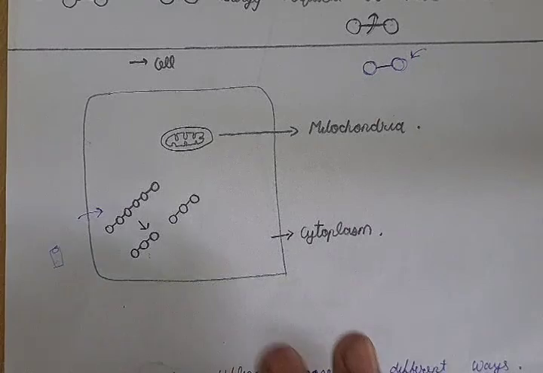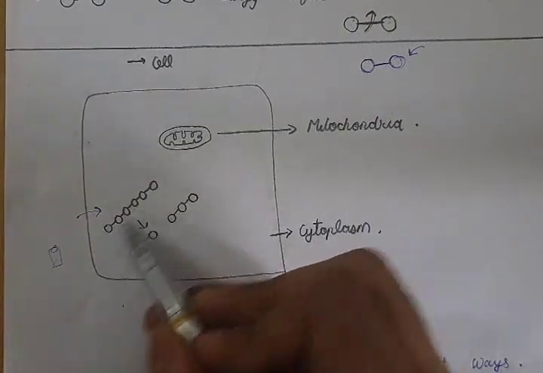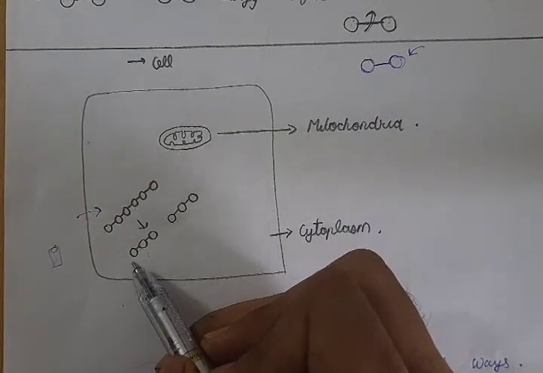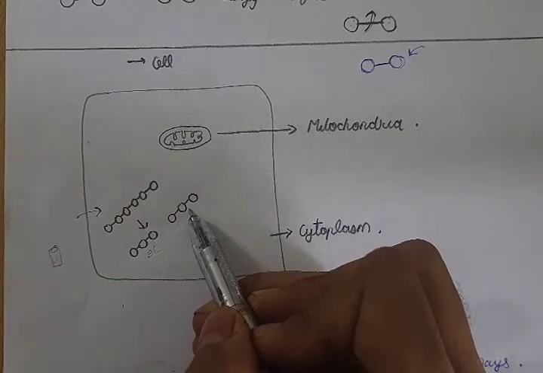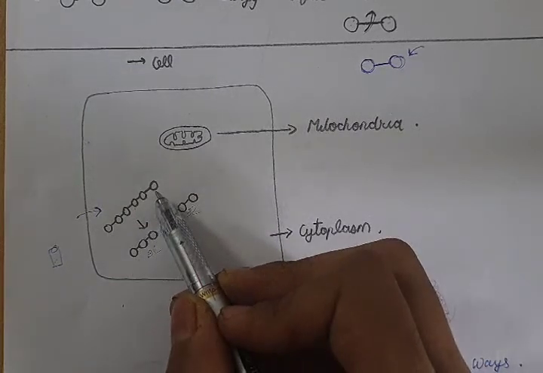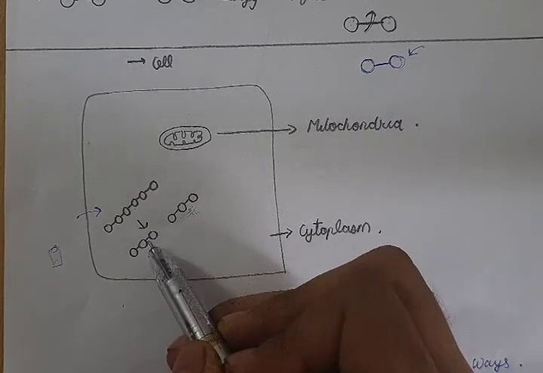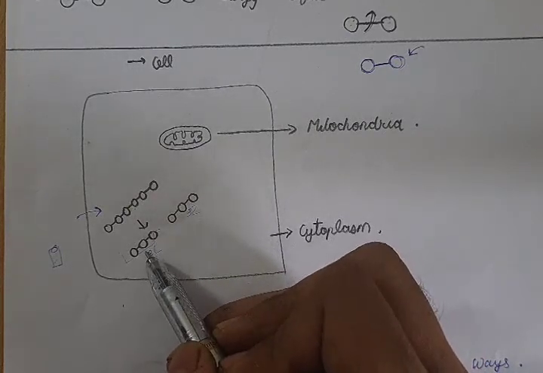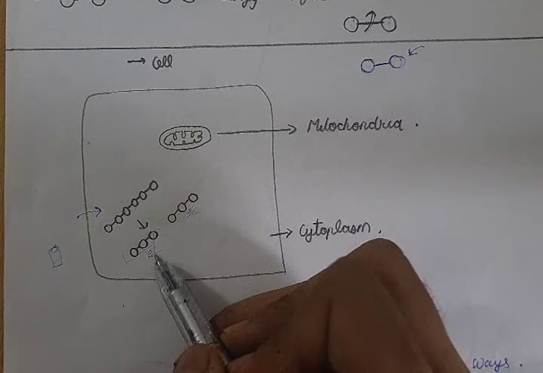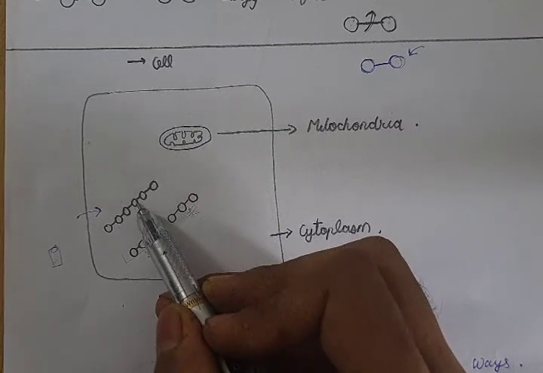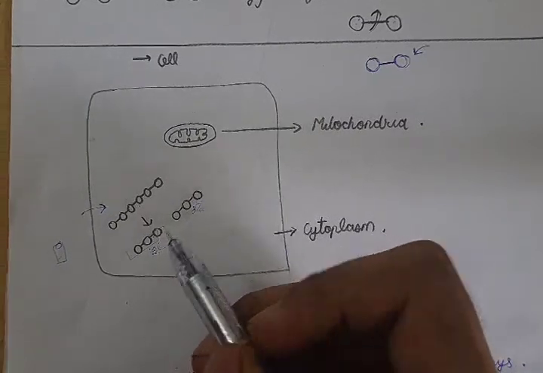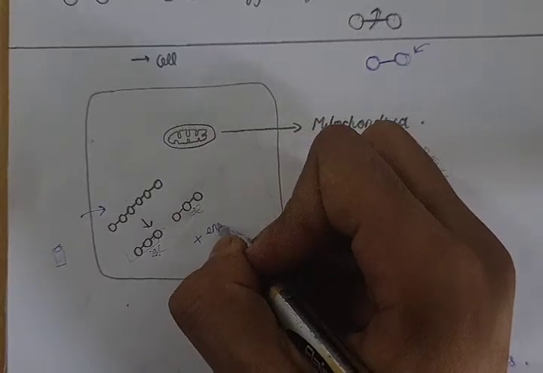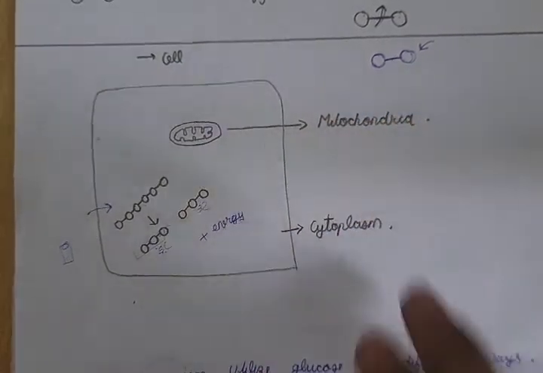So this glucose molecule, 6 carbon molecule, is broken into 3 carbon molecule. So here it is broken from the center into this 3 carbon molecule. This 3 carbon molecule is called pyruvate. So we can say that the glucose converts into pyruvate, and in this process energy is released. Why is energy released?